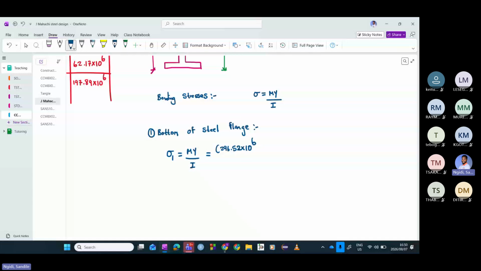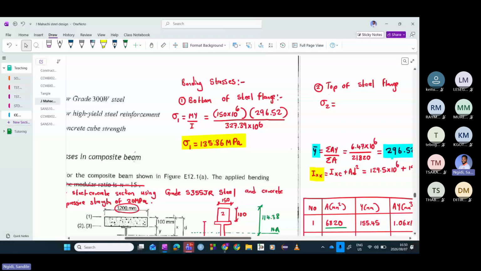Sorry. It is 150. You guys are quiet. We are not just copying this down. The bending moment is 150 from the question, so it is 150 times 10 to the power of 6.